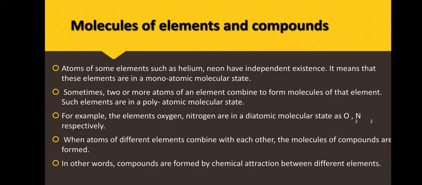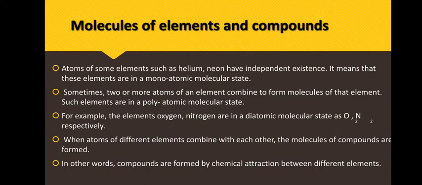Diatomic means comprising of two atoms. For example, O2, N2 respectively. Please, the 2 is a subscript, just make that correction while you write. O2 is oxygen, right? So it is again an element which will be in a polyatomic or diatomic molecular state, because that is how it is more stable.